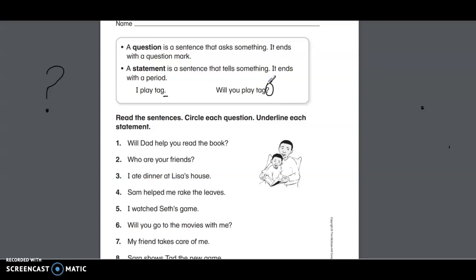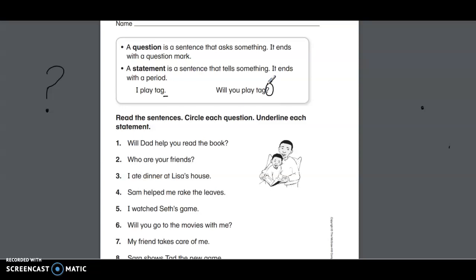What? Which? Why? When? Where? Does? May? How? Is? Can? Do? Did? Are? Will. All those words, if you see them at the beginning of the sentence, you might need to look at that sentence and say, oh, that's probably a question. Okay? So let's look.